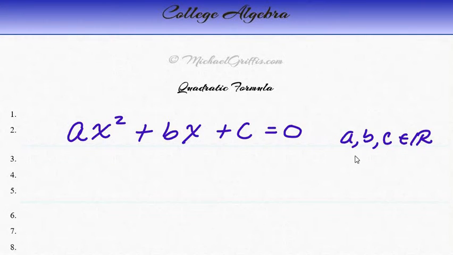There's something that needs to be said though, that A cannot equal 0, right? Also, we'll talk about that here in just a little bit. But what we want to do is come up with this. This is called the quadratic formula.